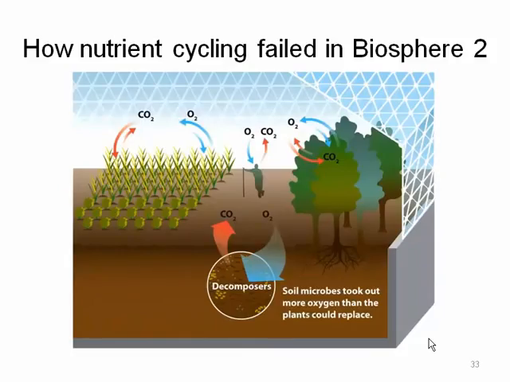So to look at the Biosphere 2 example, one interpretation is that the problem is that while plants and animals were normally conducting photosynthesis and cellular respiration, the soil system was not in balance, and it ended up taking out more oxygen than the plants could replace, such that the artificial soils, as they evolved, had to populate with microbes, and those became something of a net sink and ultimately affected both the oxygen cycle and some of the other nutrient cycles as well.